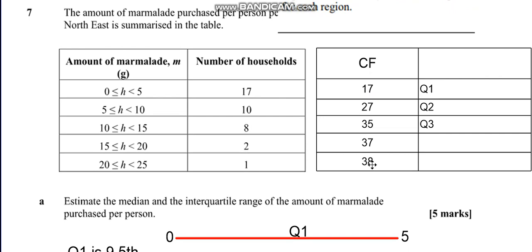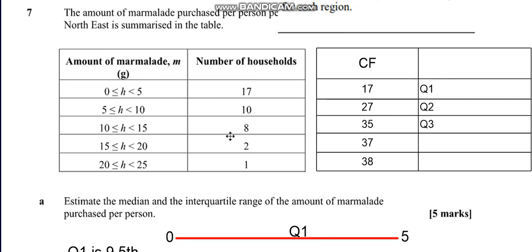So if we divide 38 by 4, we get 9.5. So the lower quartile is the 9.5th piece of data. Well, I know the first 17 pieces of data are in here, so the lower quartile must be in this group here, 0 to 5.